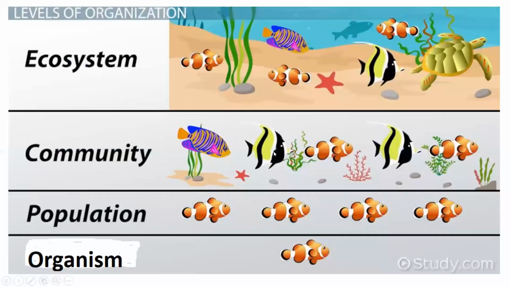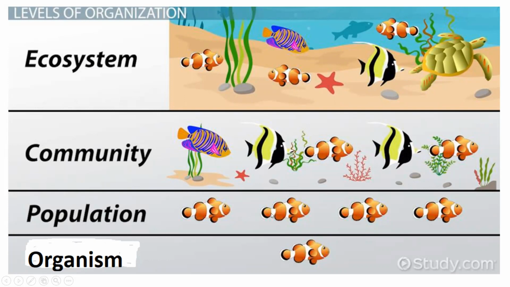So this is the level of organization. This is what we call ecological organization. The first one, we have organism. Organism means an individual, only one. For example, one clownfish. Next is population.